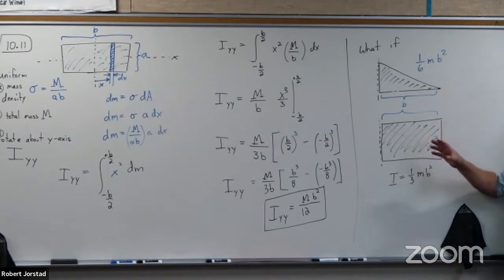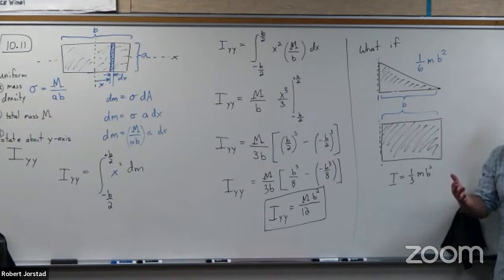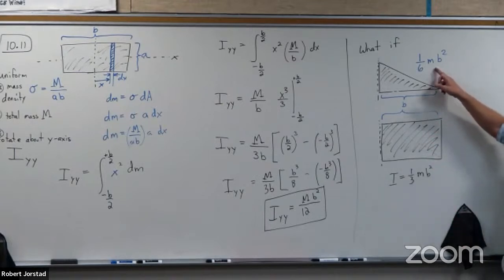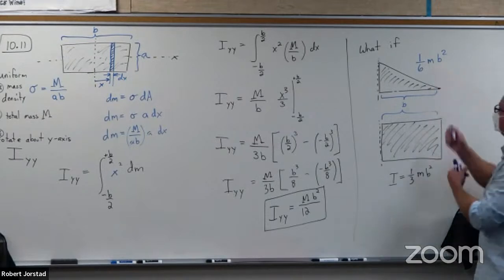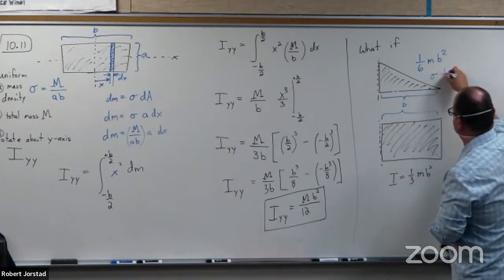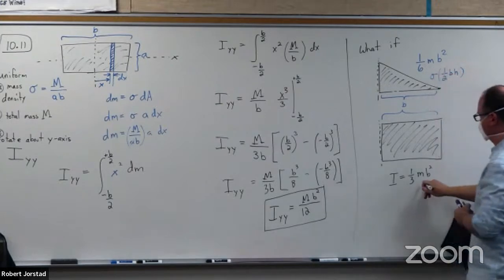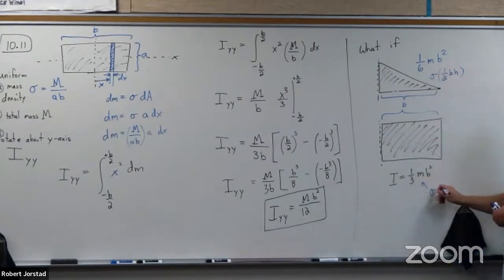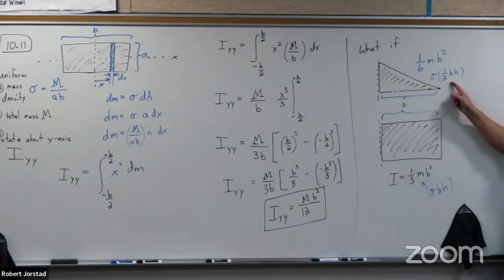Agreed? So these formulas can be very tricky. If we had written these in terms of density, this would be sigma 1/2 base times height, whereas this mass would be sigma base times height. And so we could see this one ends up giving you a 1/12 versus a 1/3.